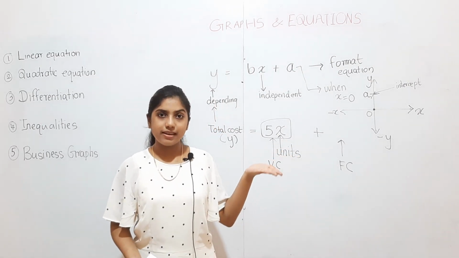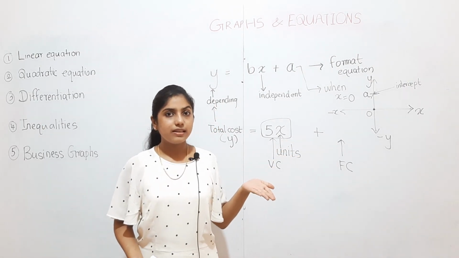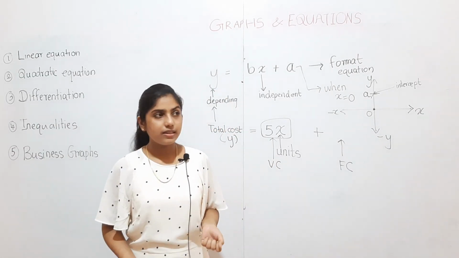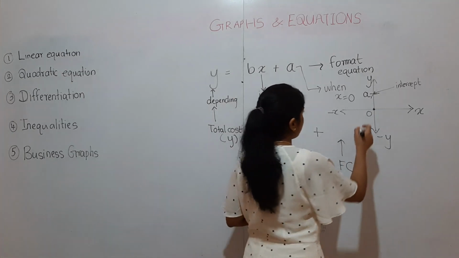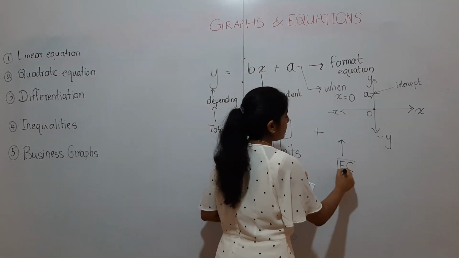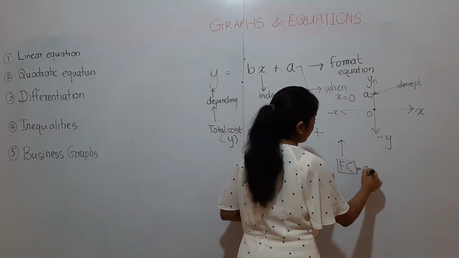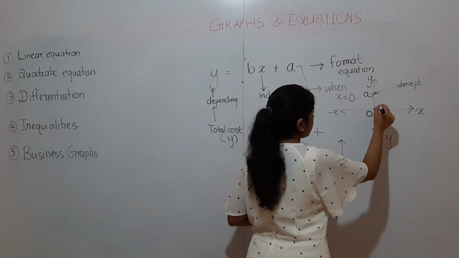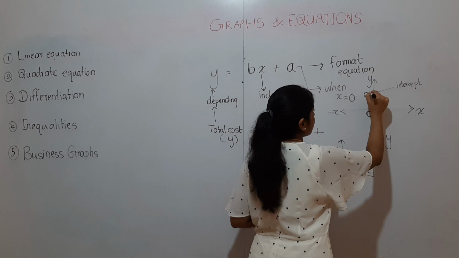Maybe we have to pay rent or electricity. Whatsoever, when the output is 0 there is a fixed cost. So that fixed cost will be equal to A, because when the output is 0, there is a figure for y.